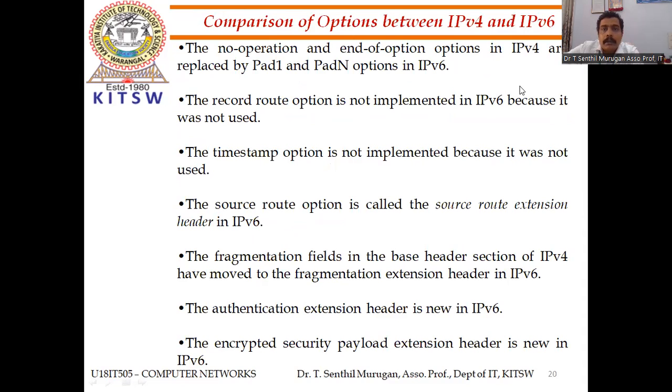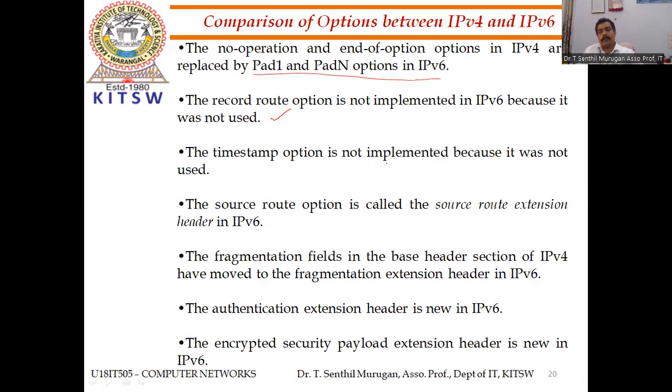So now a comparison of options between IPv4 and IPv6. What options are there? This is the comparison. No operation and end of options in IPv4 are replaced by the Pad1 and PadN options in IPv6. The record route option is not implemented in IPv6 because it was not used, but it is used in IPv4.